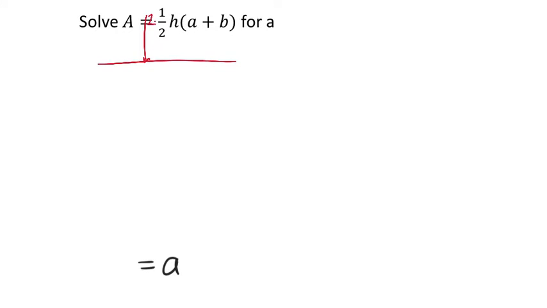The 1/2, I'm going to multiply by 2, but if I do it to one side, I got to do the other side. That's kind of sloppy, but it's best I can do. So now on the left, I got 2A equals, and here's the 1, right? 2 divided by 2 is 1, and then we got the rest of that, which is H times the binomial.